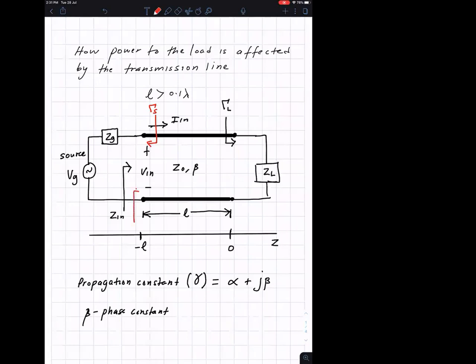And this one here is called gamma in, the input reflection coefficient. And this part here, see, they're all happening at the end of the transmission line, at the input and output. This is called gamma L. It's already drawn there. So I'm going to delete this and put it in red color.